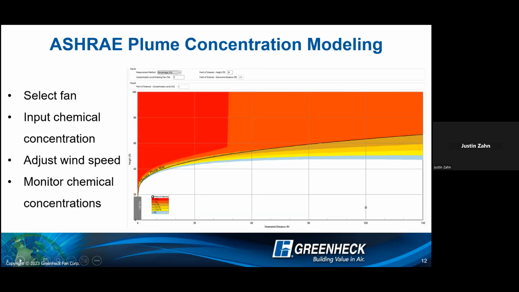So basically how it works, you select your fan, you input your chemical concentration if you know it. Sometimes, obviously, that information is hard to come by. You can adjust your wind speed. So depending on where these fans are going to be, you can adjust it anywhere between 10 to 30 miles an hour, or whatever it may be.